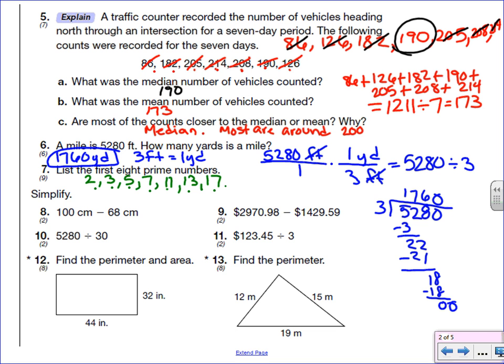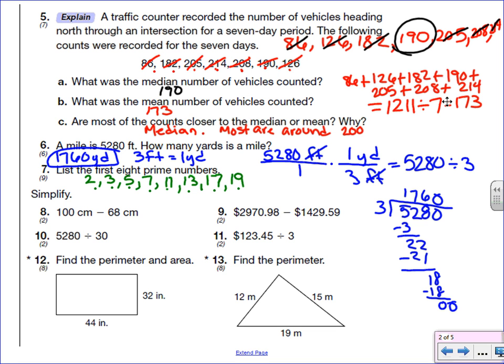One more. 23. Oops, 19. And all of those numbers are only divisible by themselves and 1. So the only way to get 19 is either 1 times 19 or 19 times 1.